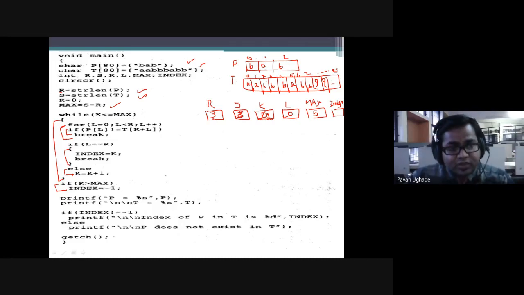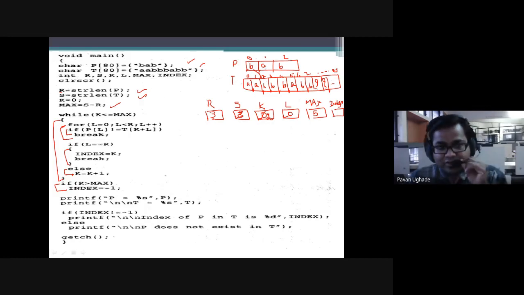Next, again for, L is initialized with 0. 0 is less than R, condition true. Here I will check if P of L, P of 0, not equals T of K. K is incremented by 1, that is 2. 2 plus 0, that is 2. Now we are comparing B with this B. What do you say?